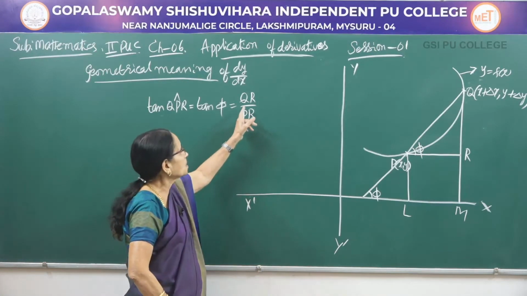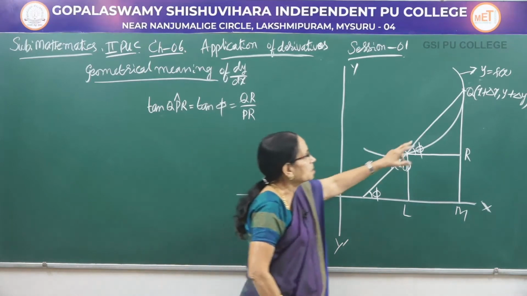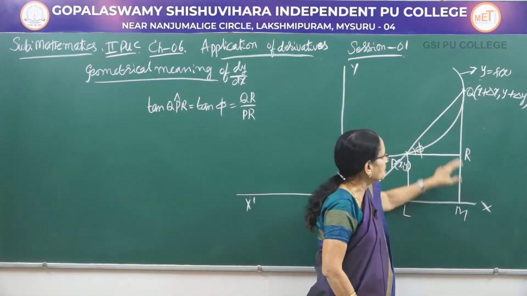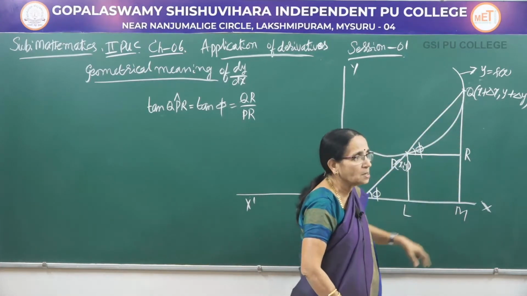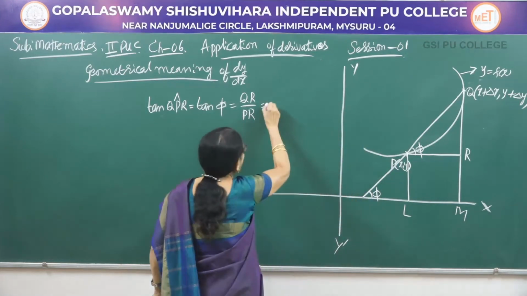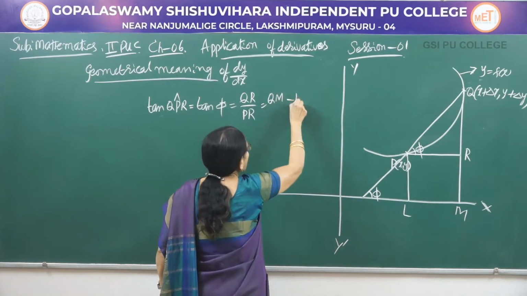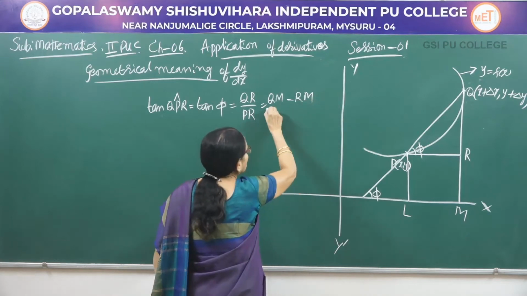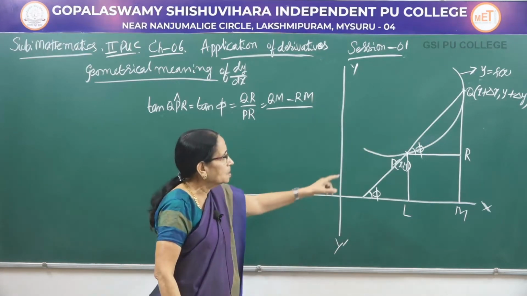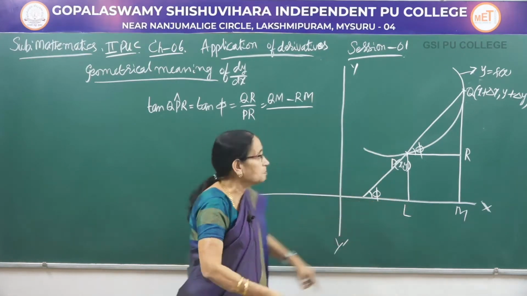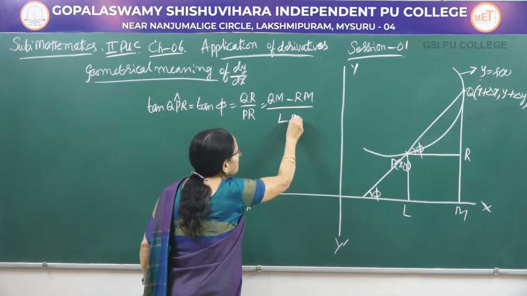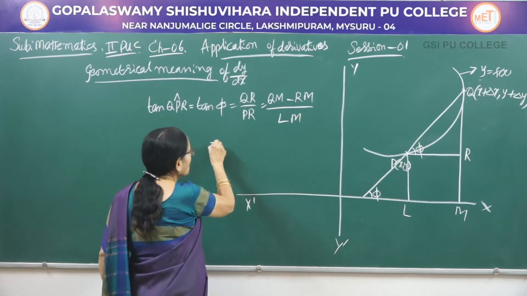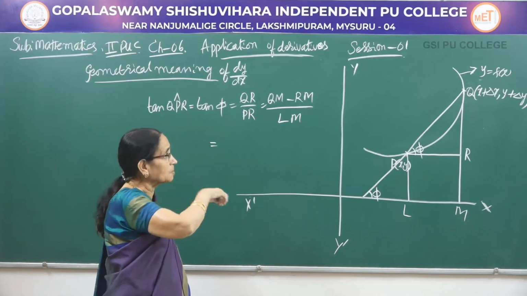Now, what is QR? Look at the figure, it can be written as QM minus RM. So, let me write it as QM minus RM. Denominator PR can be replaced by LM because directly those quantities are not given.